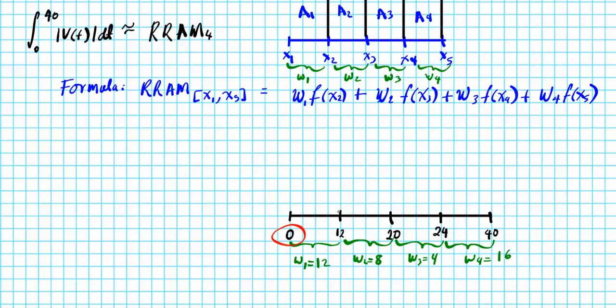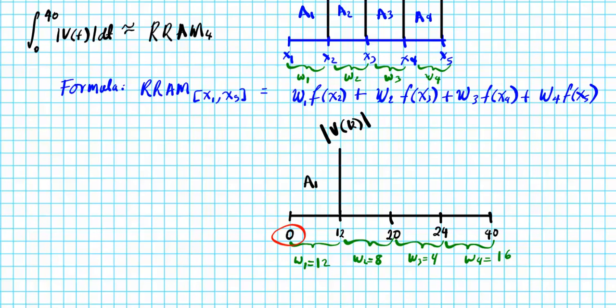Okay, so let's figure out the height of the first rectangle. The function here is the velocity, so we're going to have velocity v of 12. But since we're calculating the total distance, not displacement, or change in position, we have to add the absolute value component to it. So that's the first height, for A1.